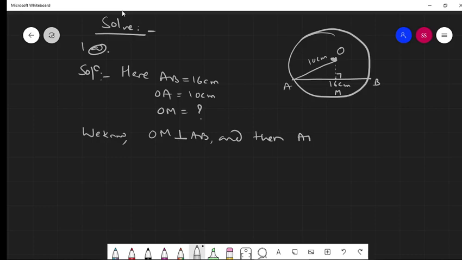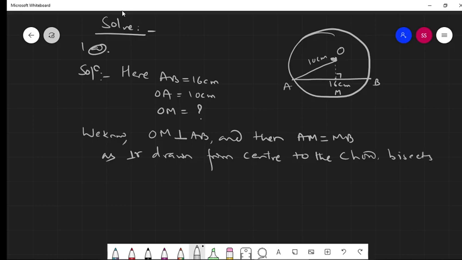Then AM equals MB. A perpendicular drawn from the center to the chord bisects the chord.